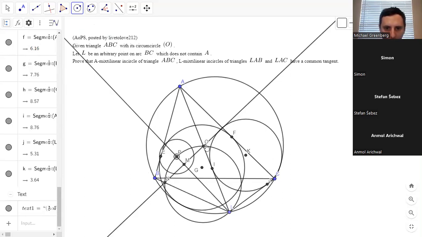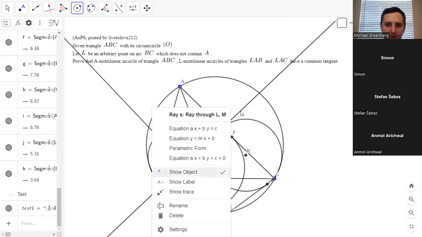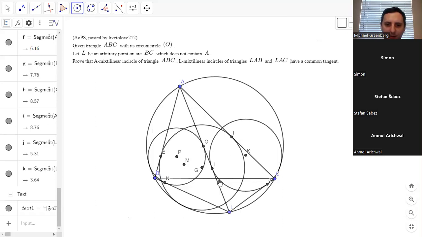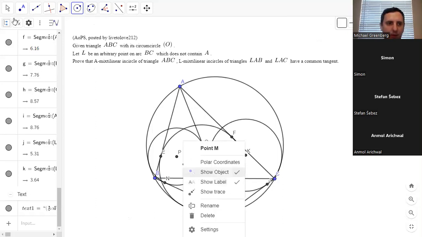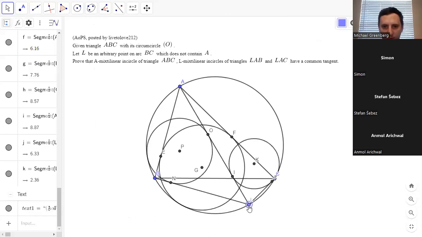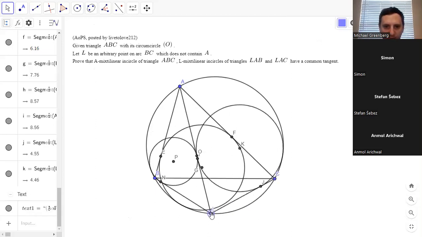So we want to show that these three circles have a common tangent. Okay. So let's see, when we move L around, it looks like they usually have a common tangent.